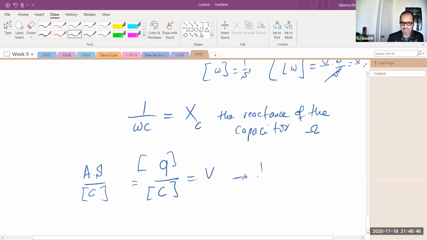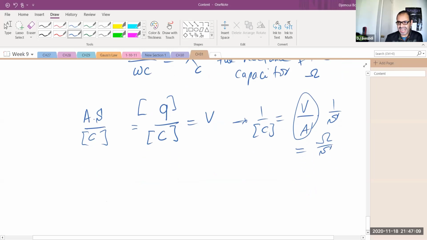So 1 over capacitance is the same thing as a voltage divided by an amp, and again divided by second, because you bring the second to the other side, it's going to be in the denominator, because the second and the amp come together. So this is an ohm. So the same thing in here, this is an ohm divided by second.